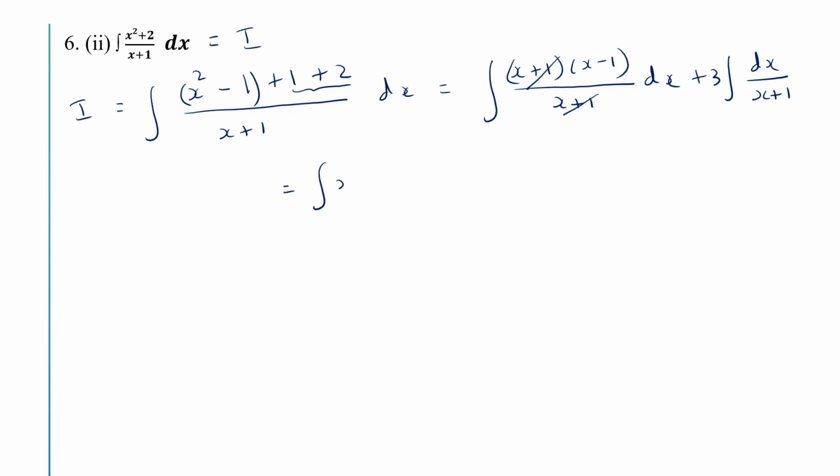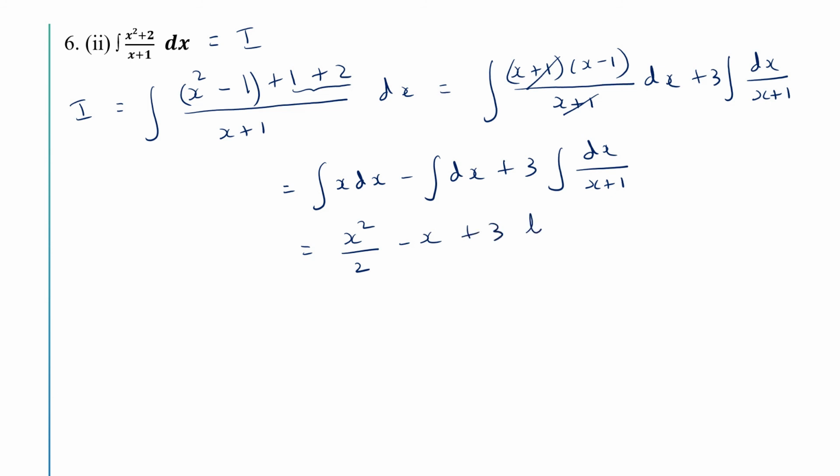So this is integral x dx minus integral dx, then plus 3 integral dx by x plus 1. Now integral x dx is x square by 2 minus integral dx is x plus 3 integral dx by x plus 1 is log mod x plus 1 plus c.